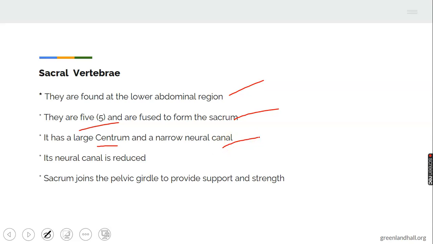Its neural canal is reduced, that is, it is short. The sacrum joins the pelvic girdle to provide good support and strength.